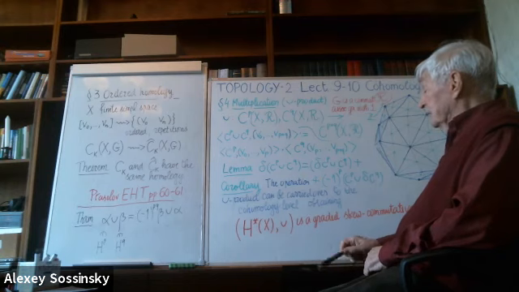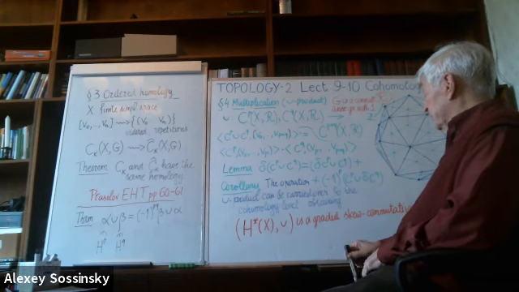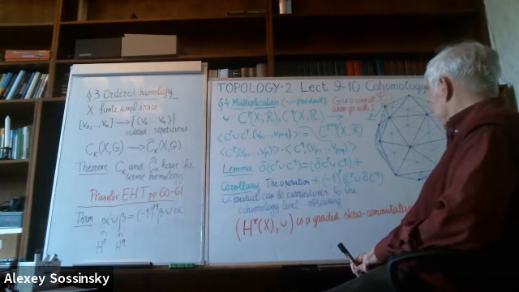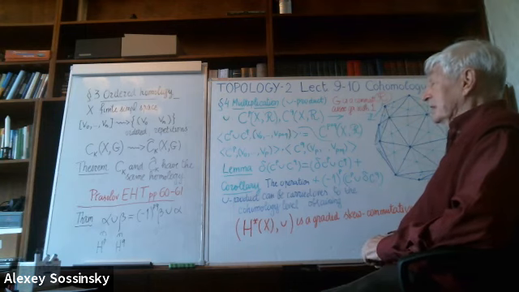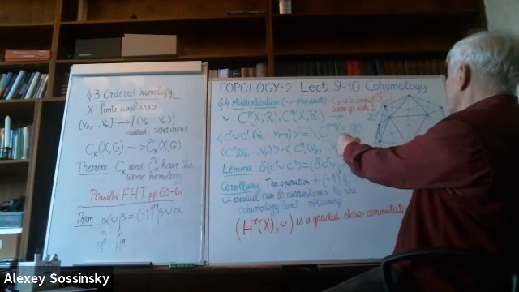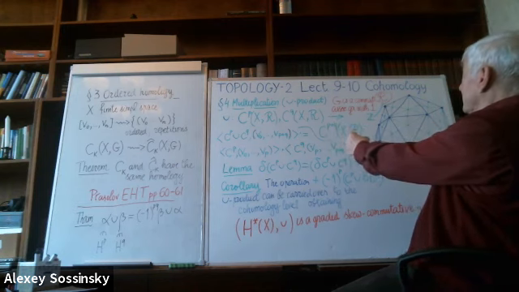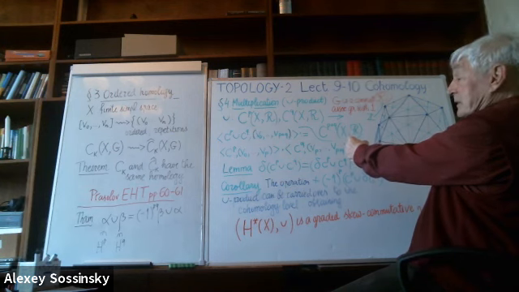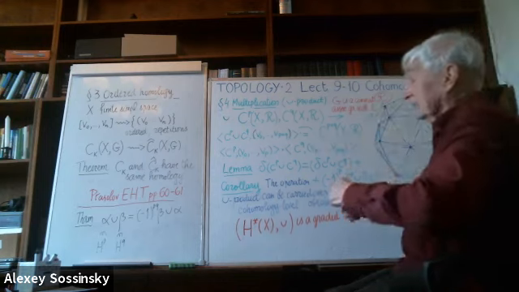It is not only a graded abelian group, it is a graded skew commutative ring, which means that if you have elements from groups of different dimensions, then their product lives in the cohomology group of the dimension which is their sum.